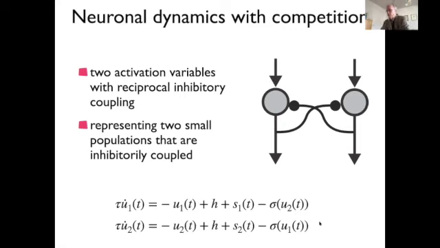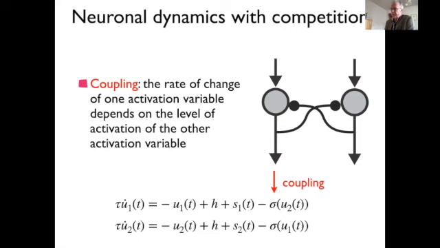I assume here that these constants in front of the sigmoid are both 1, so it's a symmetrical form of coupling. It doesn't have to be symmetrical in general. So that's the notion of inhibitory coupling. I said neuron, it will be a population of neurons. That already has quite interesting dynamics. It's not so easy to visualize that.